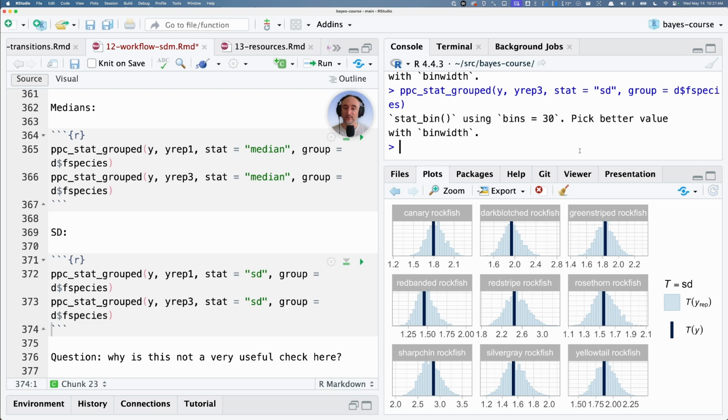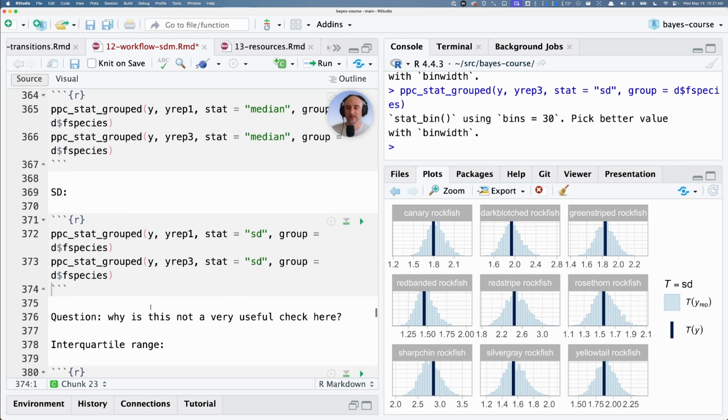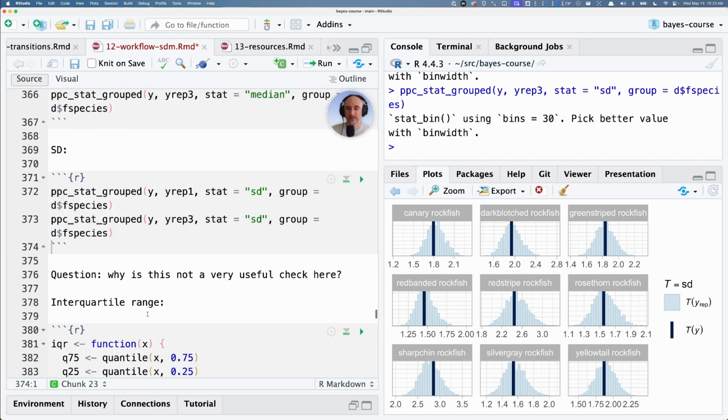This is not a very useful one, other than it verifies that our model did what it was supposed to do, because we have a fully independent standard deviation parameter for every single species. So we would expect the dark blue line to be perfectly in the middle for every one of these because we have modeled it as such. So it verifies our model is doing what we think it did, but it's not a very useful simulation check because we would expect it to look just like that.